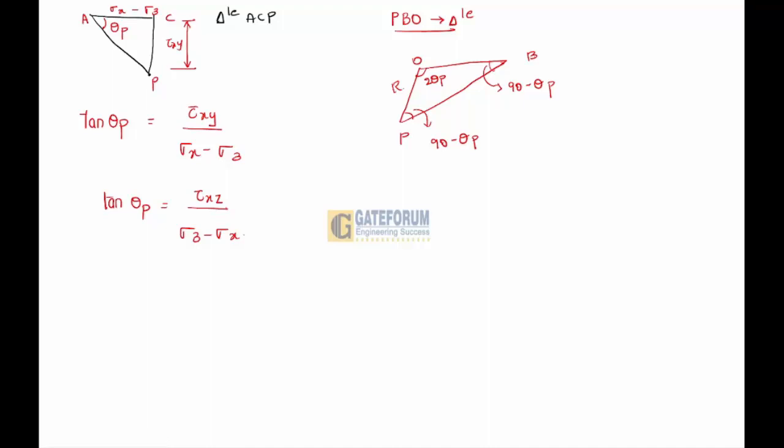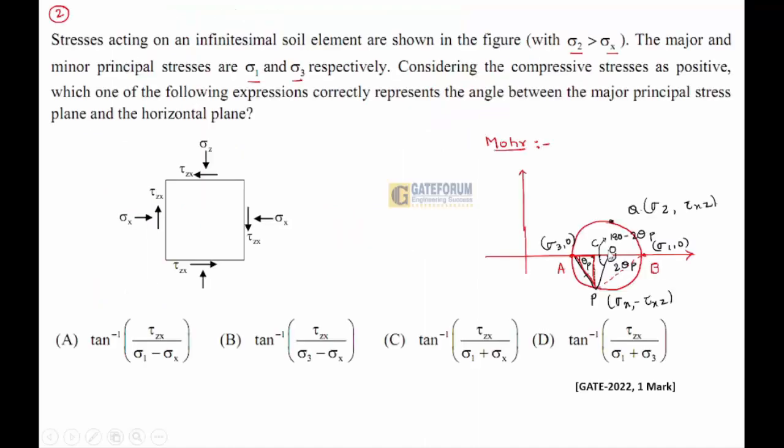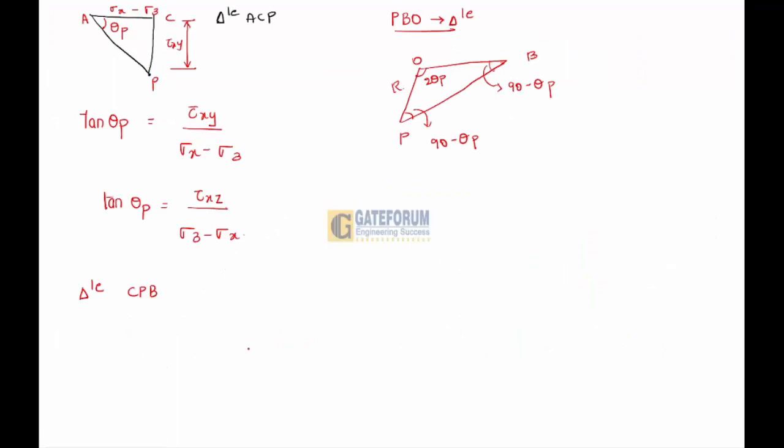Now, when we go for the next triangle, CPB. This side is sigma 1 minus sigma x.